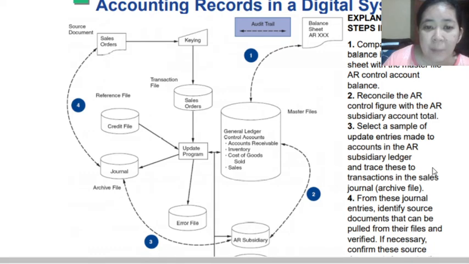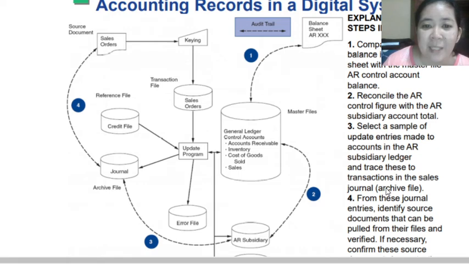So our program in the computer will be updated. In the program we can generate the credit file if the sale is made on credit. We can also have the journals there. We will also have the error file.